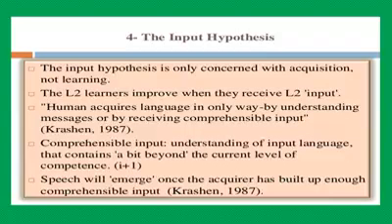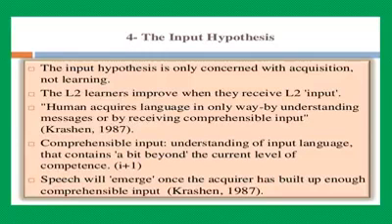So, in summary, we can say the input hypothesis is only concerned with acquisition, not learning. The L2 learners improve when they receive L2 input. Humans acquire language only by understanding messages, or by receiving comprehensible input.